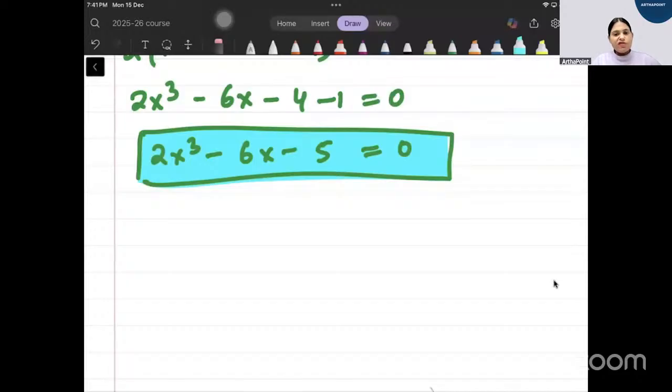Which x will solve this? Factorize it, karo factorize. Give me the values of x.